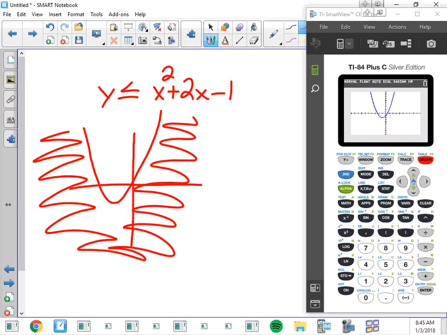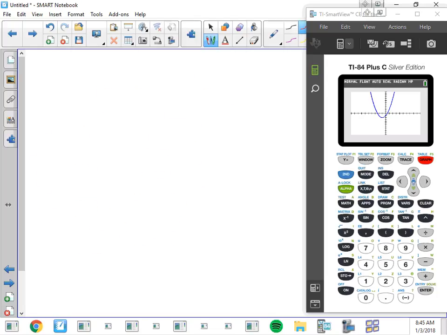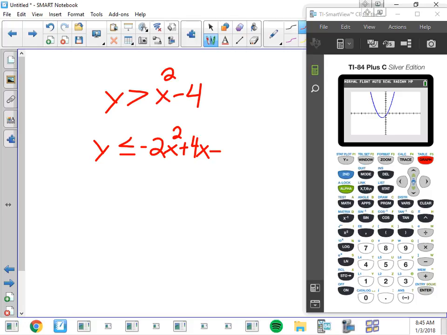Sometimes you'll have two equations. So y is greater than x squared minus 4, and y is less than or equal to negative 2x squared plus 4x plus 8. What should we do?